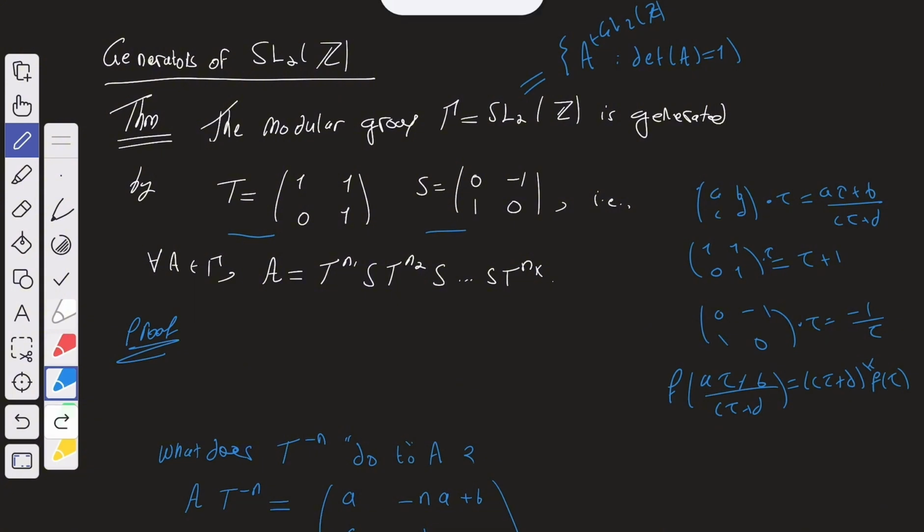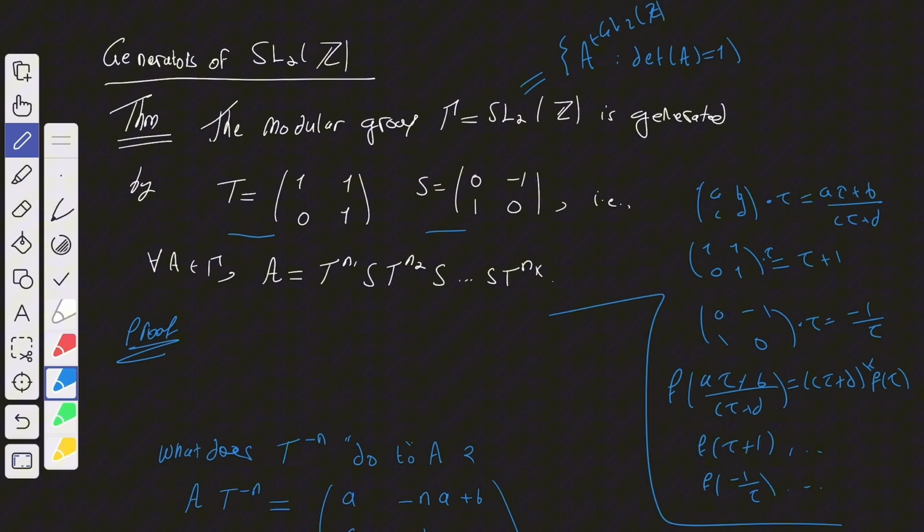What this theorem is trying to say is that you will know a lot about the function f if you know how f acts under translation and under inversion of tau. We're going to prove this theorem, and in the next video we'll start our actual discussion of modular forms.